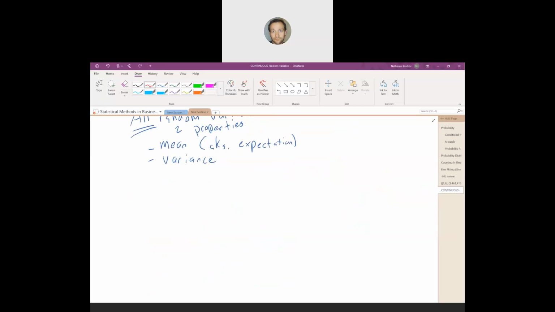Oh, really quickly. Nice colors. So the normal distribution is written in this way. It's like a weird N, and then 0, 1. This is the mean, and that's the variance.